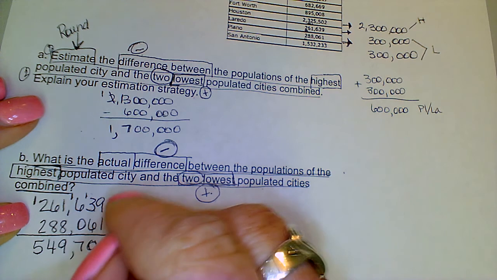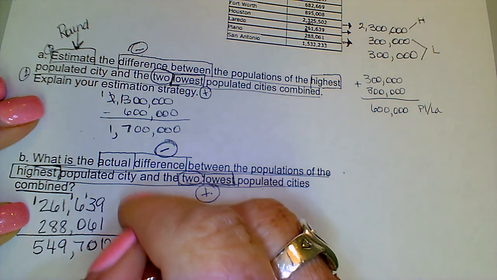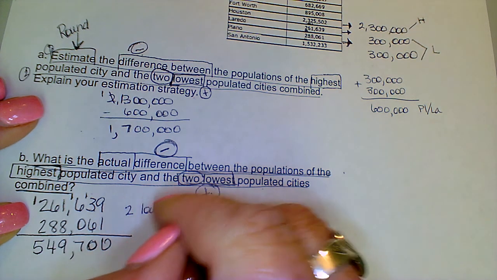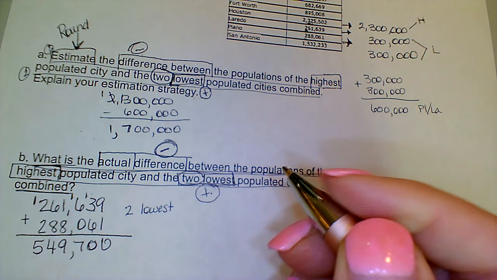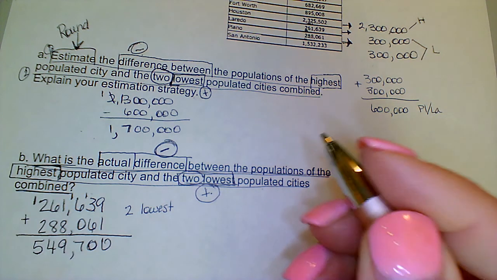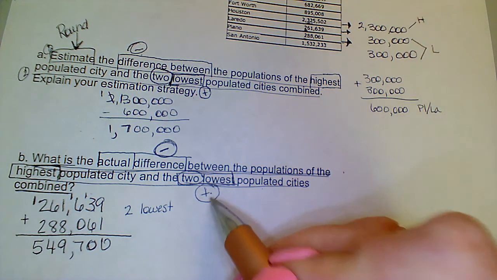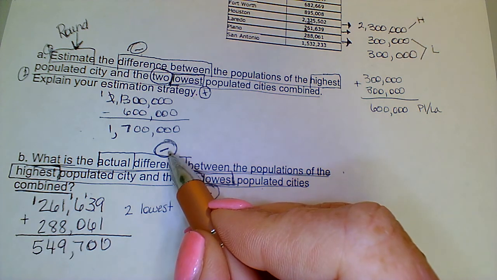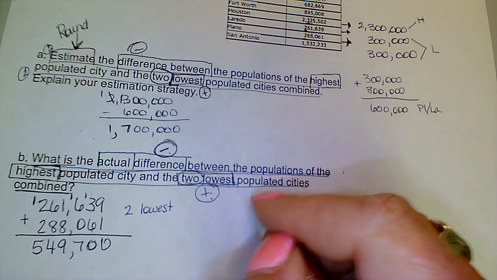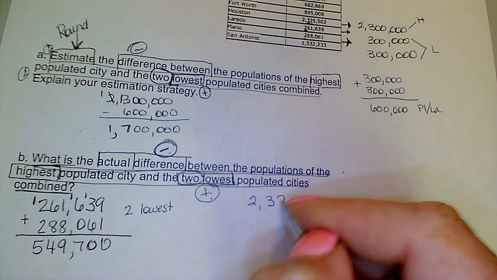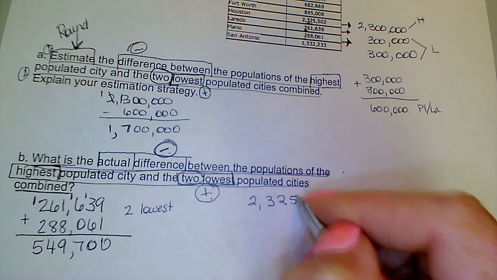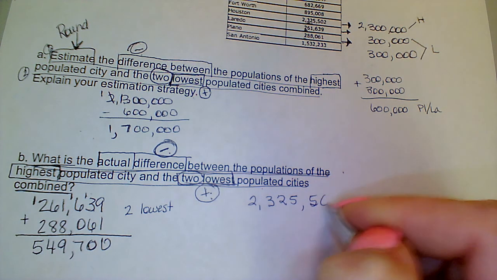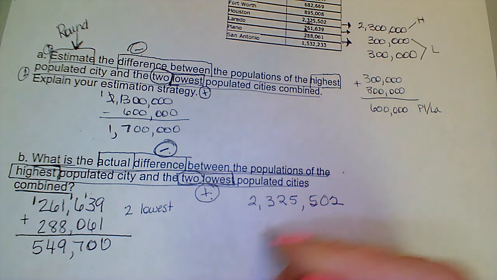So this again is the 2 lowest, right? What are we going to do with that now? We've already added. We're going to subtract it from what? The 2 million. And I've already shown you the grid paper and how the line paper work to keep your digits lined up.